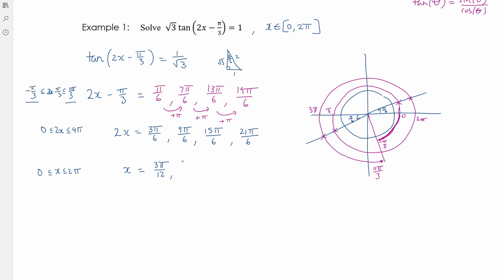So 3 pi on 12, 9 pi on 12, 15 pi on 12, and 21 pi on 12. Okay, we've got the common factor of 3 in all of these. So that is pi on 4, 3 pi on 4, 5 pi on 4, and 7 pi on 4 are our solutions to that equation.